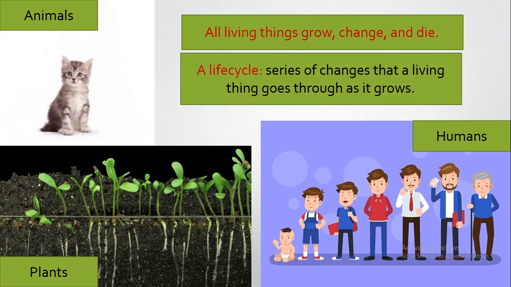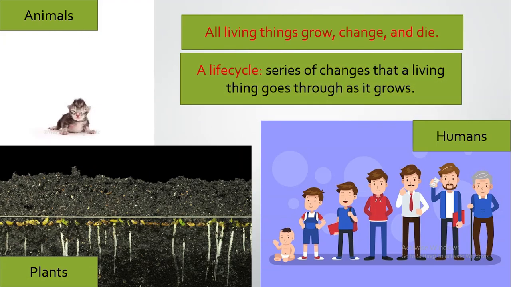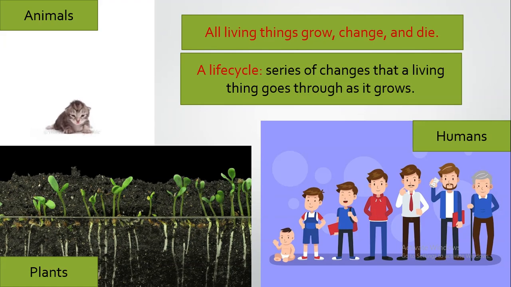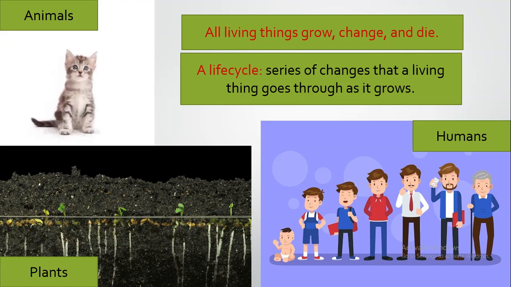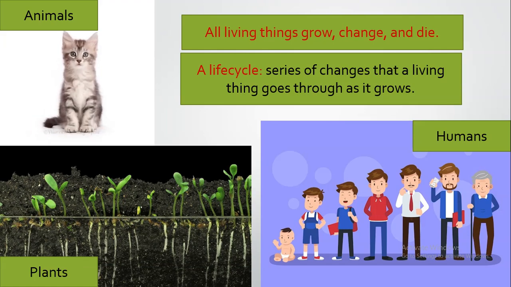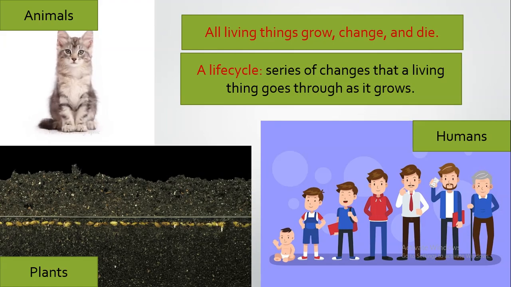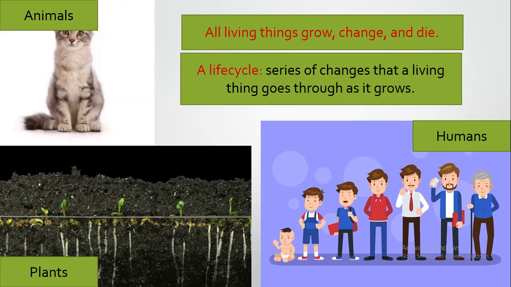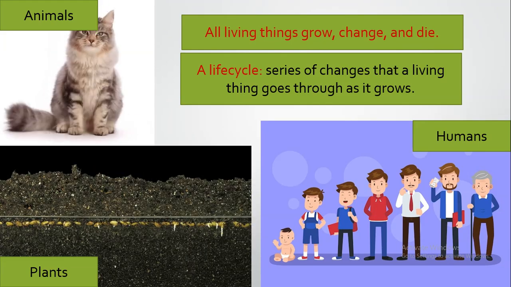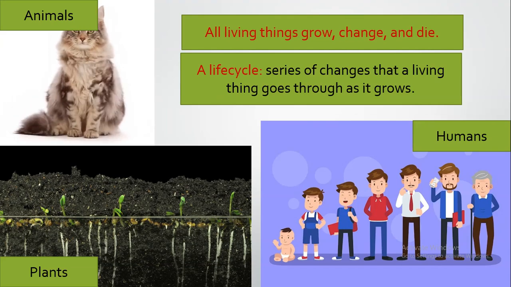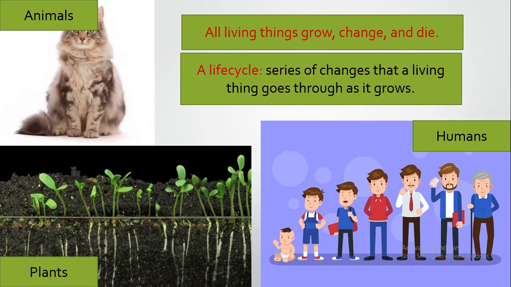They all have different life cycles. What is a life cycle? A life cycle is a series of changes or stages that a living thing goes through as it grows. So today's lesson is about plants' life cycle.